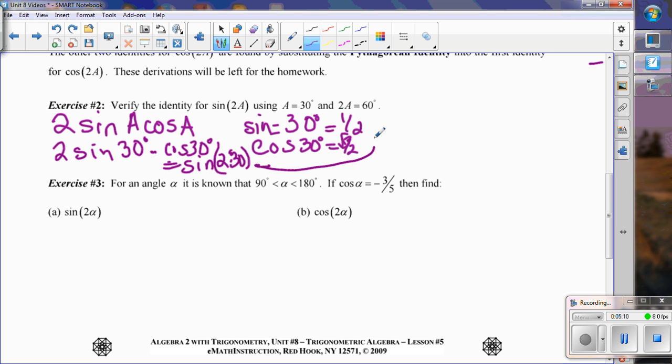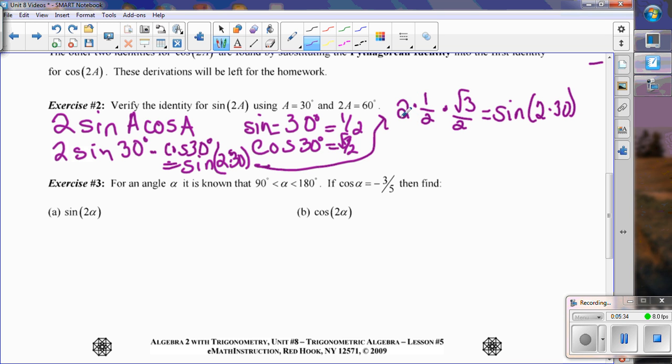And we know that we have 2 times the sine of 30, which is 1/2, times the cosine of 30, which is square root of 3 over 2. And we want to show that that is equal to the sine of 2 times 30.